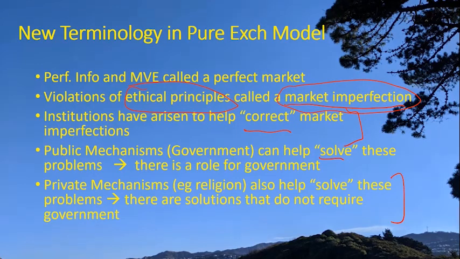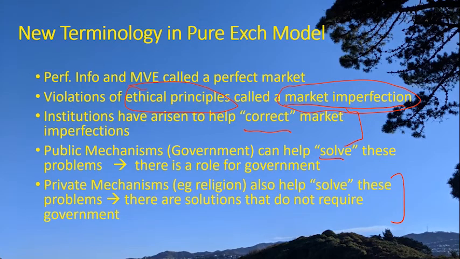And other private mechanisms like religion also help solve these, not perfectly again, but it helps mitigate and reduce the incidence of these particular situations and tries to make, or at least will have the effect of making, markets work more effectively, generating more welfare improvements for the people who are participating in the markets themselves.